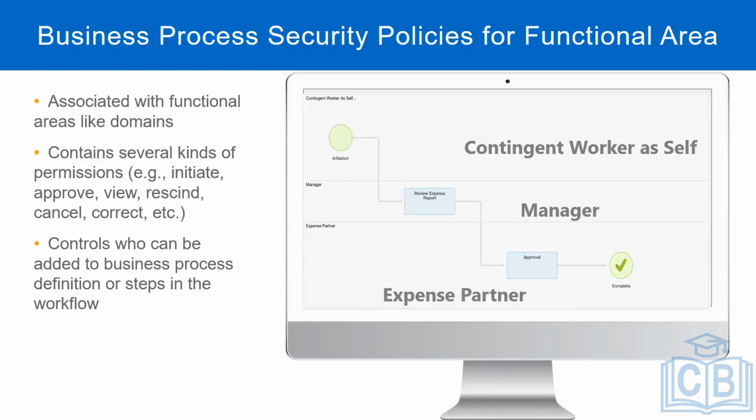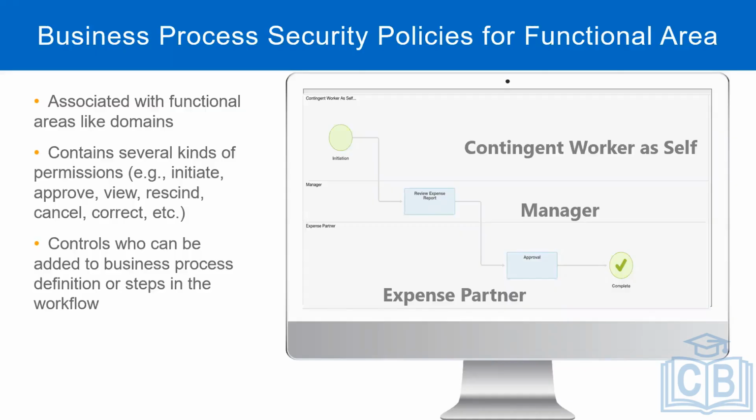The business process security policies will control the access to the business process, and it contains things like who can initiate the business process, who can approve tasks in a business process, who can view the steps, who can rescind? Rescind meaning roll back. Who can roll back the business process?